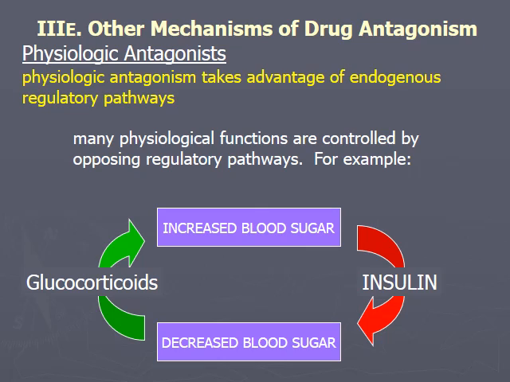So different receptors, but the responses counter each other. They oppose each other. This would be an example of a physiologic antagonist using an endogenous regulatory pathway to oppose the effects of another endogenous regulatory pathway.